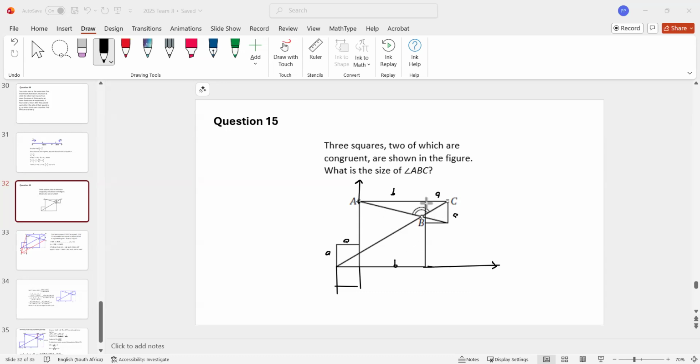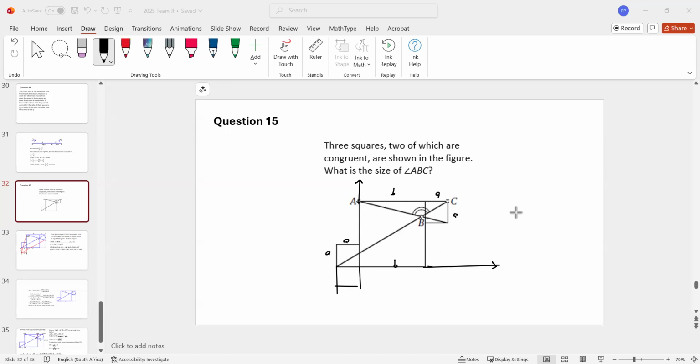And then I saw that this line here, from here to here, is parallel to the line from here to here. Anyway, when I drew this, again it became quite complicated.